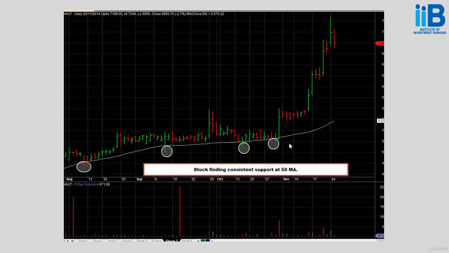Thus you can see how this stock found consistent support at its 50-day moving average.